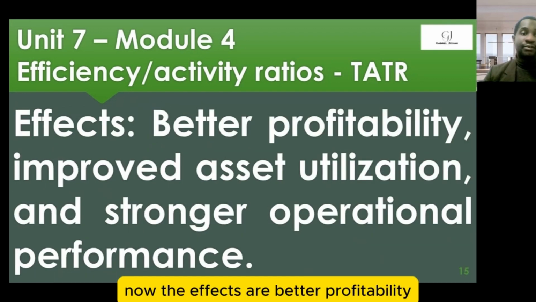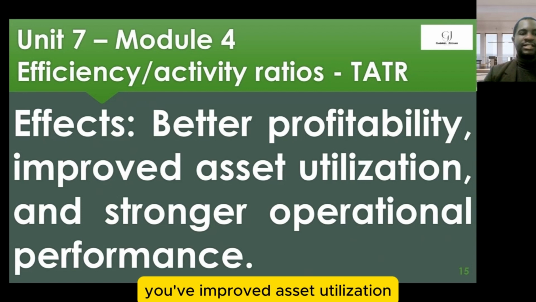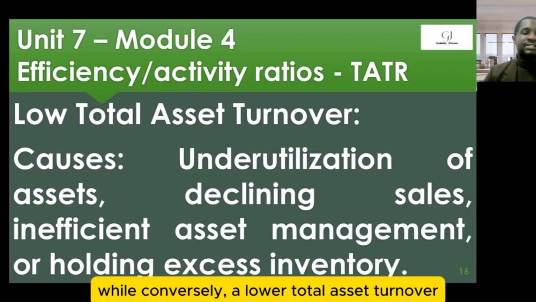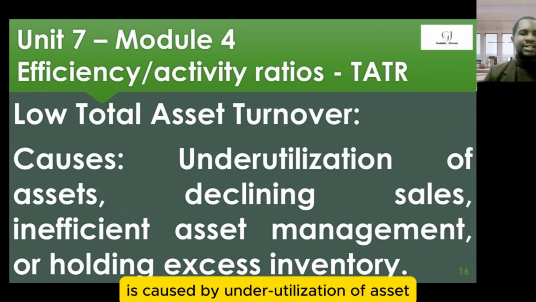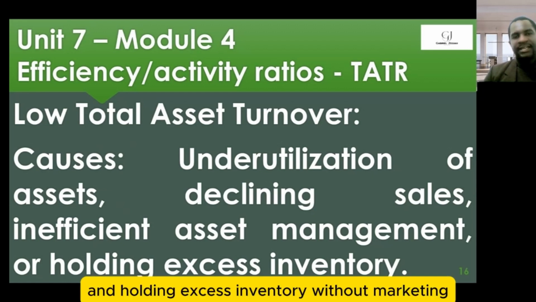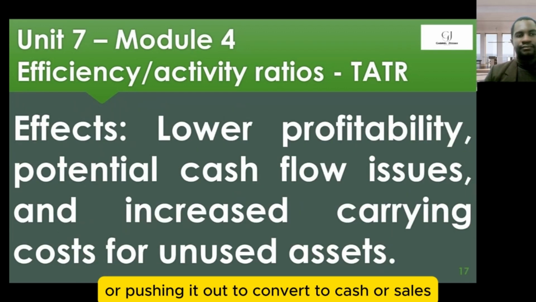Now the effects are better profitability when you have a high total asset turnover ratio, improved asset utilization, and stronger operational performance. While conversely, a lower total asset turnover is caused by underutilization of asset, declining or low sales turnover, inefficient asset management, and holding excess inventory without marketing or pushing it out to convert to cash or sales.